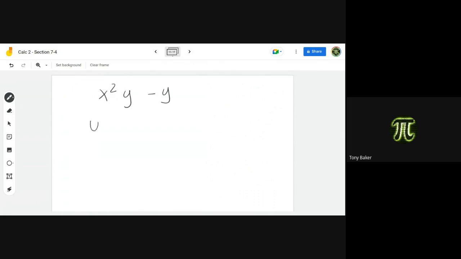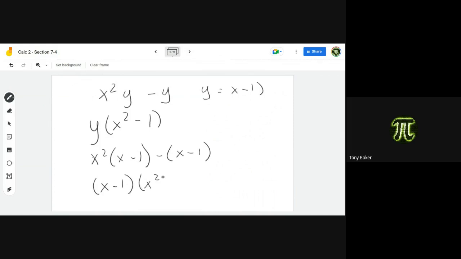That'd be y times (x squared minus 1), right? Well, y is just x minus 1. So that's x squared (x minus 1) minus (x minus 1), which is (x minus 1) times (x squared minus 1). Sometimes that works, and sometimes that's literally the click that people need. If it made it worse, erase it from your mind.